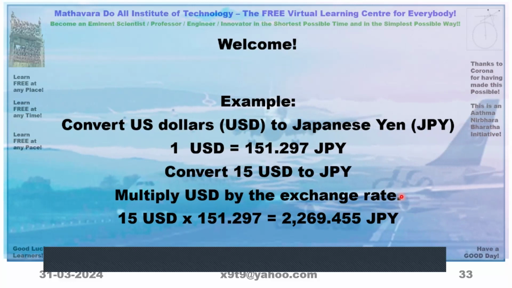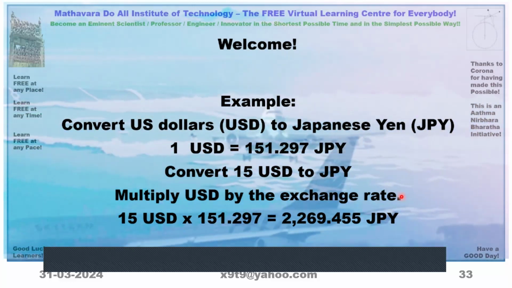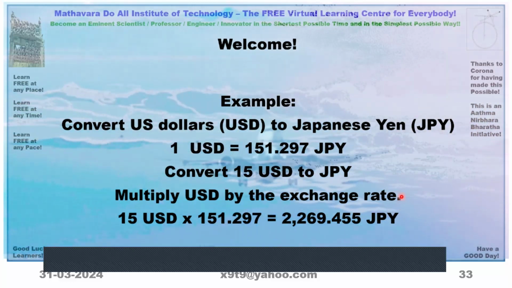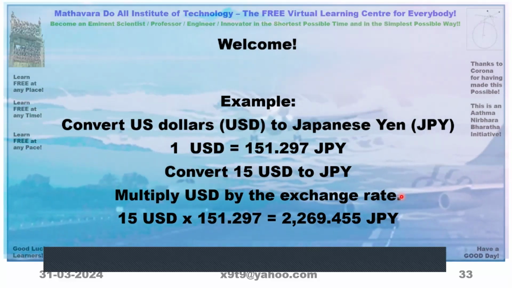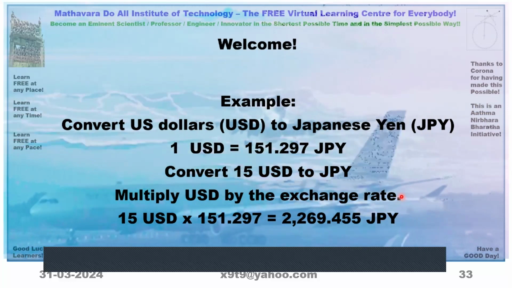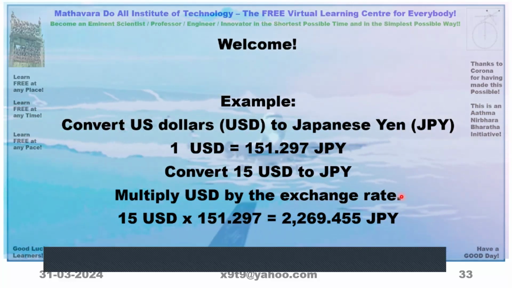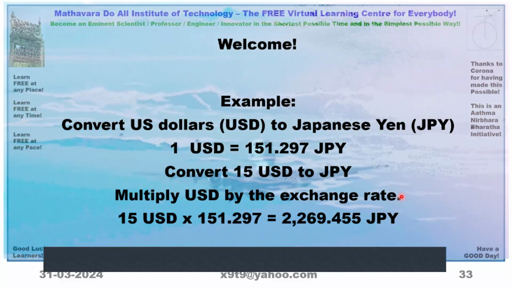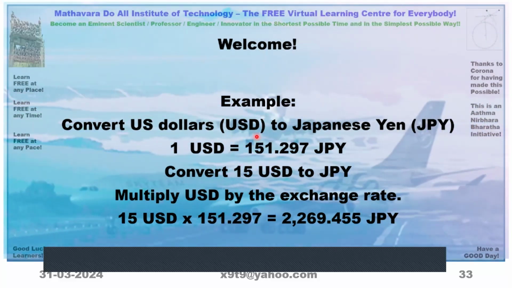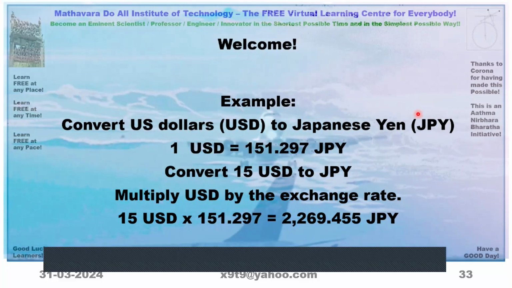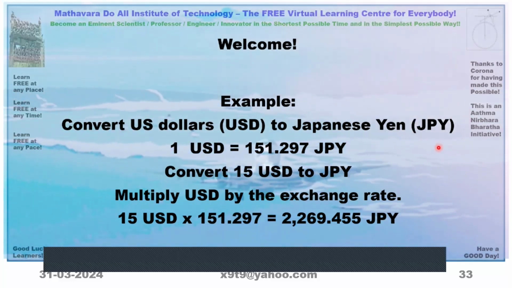For example, we will take a problem here. Convert US dollar to Japanese yen. The currency in Japan is called yen. So abbreviations are USD for US dollar and JPY for Japanese yen.